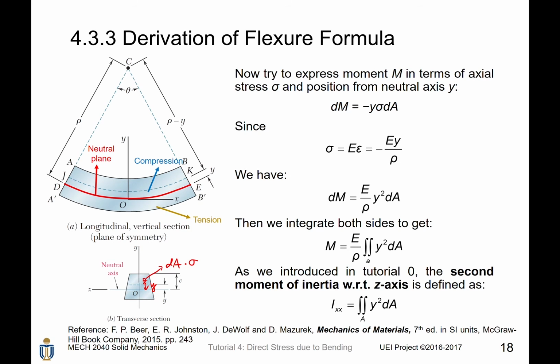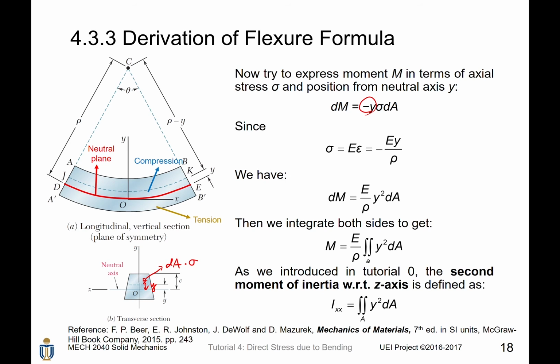Notice that there is a negative sign because in case y is positive, then it will generate a negative moment. That is, for this differential area element located at position y, if sigma is positive, then it is a force like this. But we know for this moment, it is actually negative, as what we defined previously. That is, we must put a negative sign in front of it.